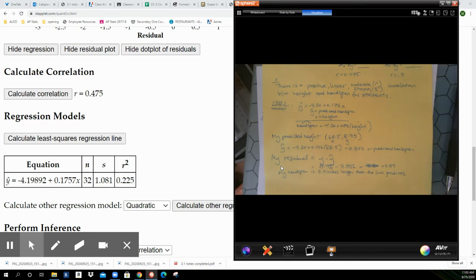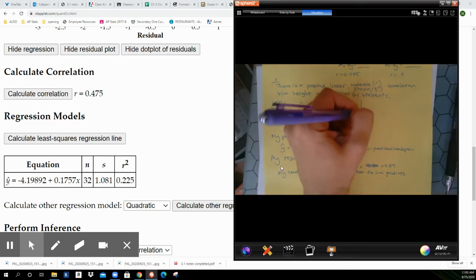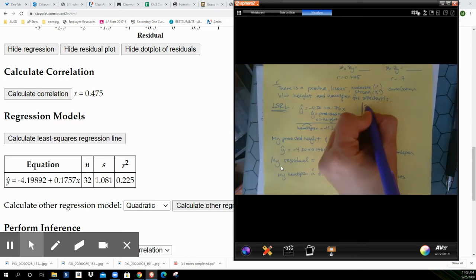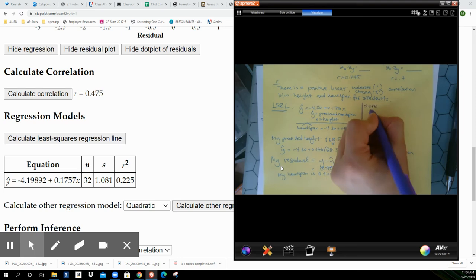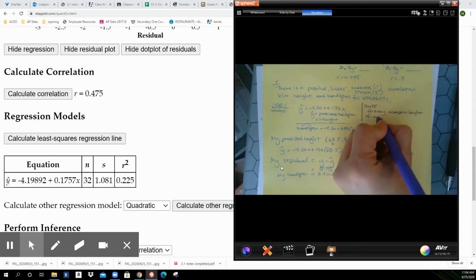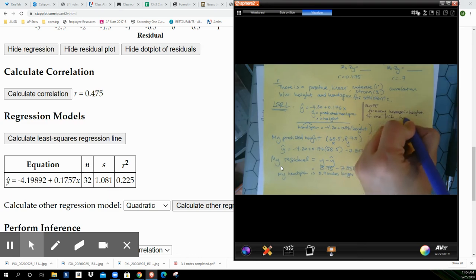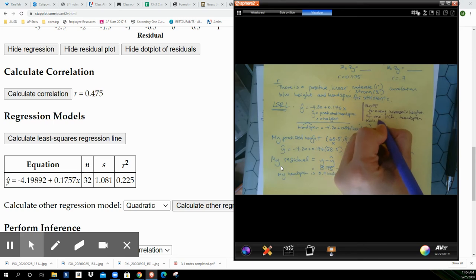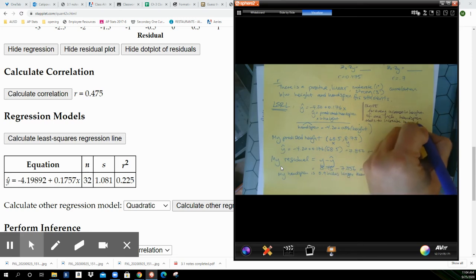The thing I want to make sure to interpret before we move on here, really important, our slope. What does it mean? For every increase in height of 1 inch, handspan tends to increase by 0.18 inches.